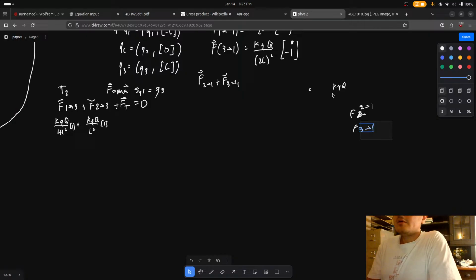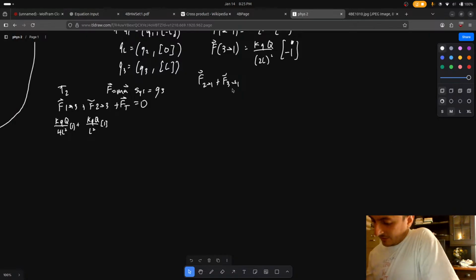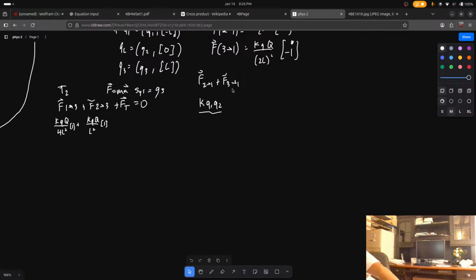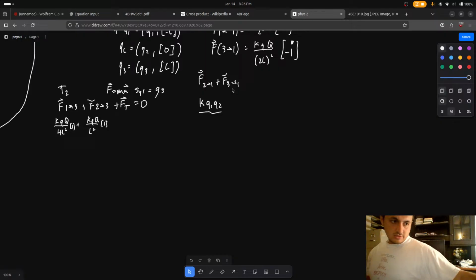I messed this all up. Okay, so the force of 2 on 1 is going to be equal to k q1 q2 over L squared.